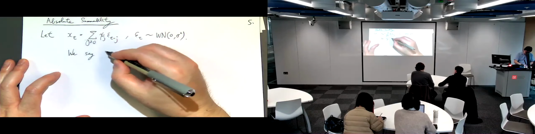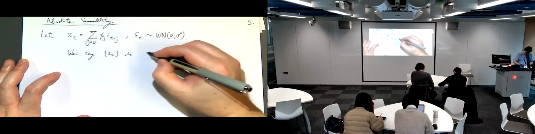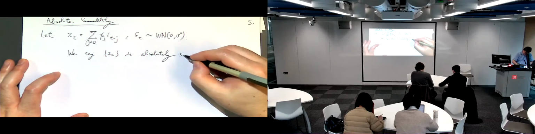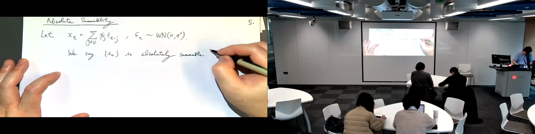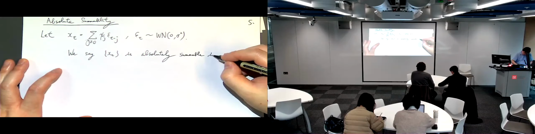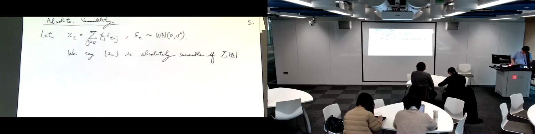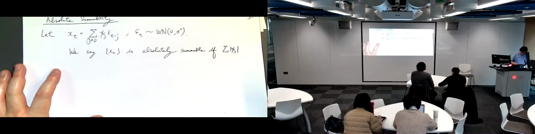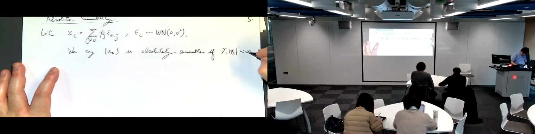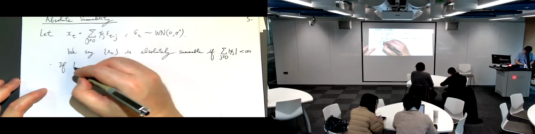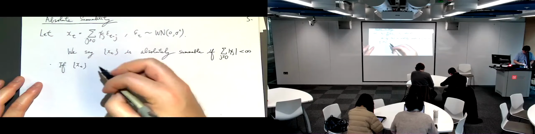We say Xt is absolutely summable if the sum of the absolute values of the MA coefficients in this MA infinity representation is finite, okay? So absolutely summable refers to the coefficients in the MA infinity. It's a very simple definition, but there's a certain conclusion.